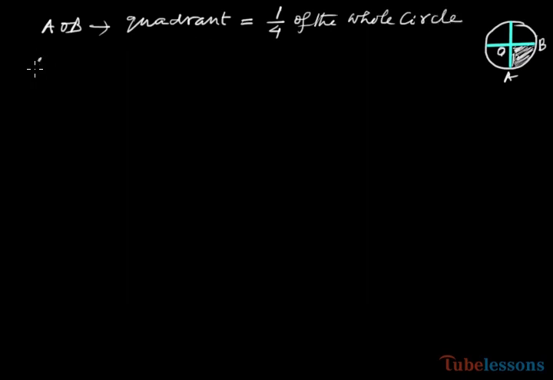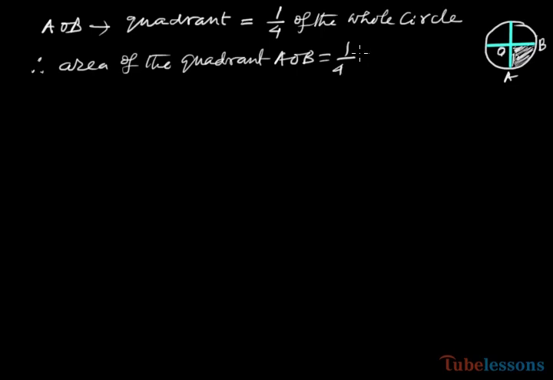So area of the quadrant is equal to 1/4 pi r square.